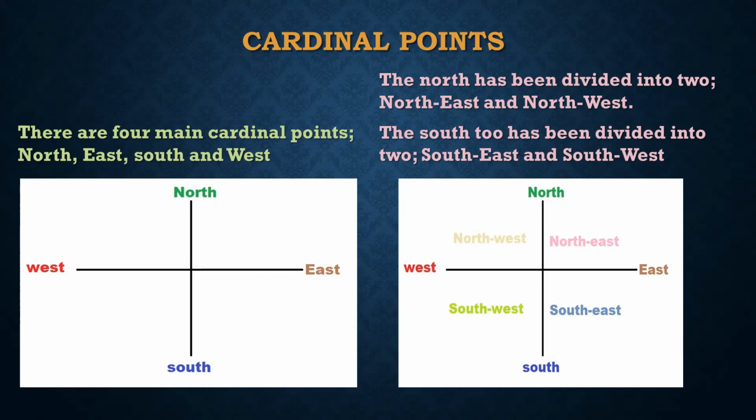Southeast is the area of south and what? East. And southwest is the area between south and the west. So these are the cardinal points here.